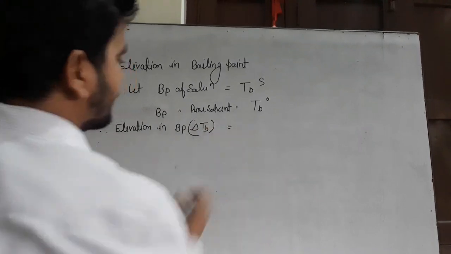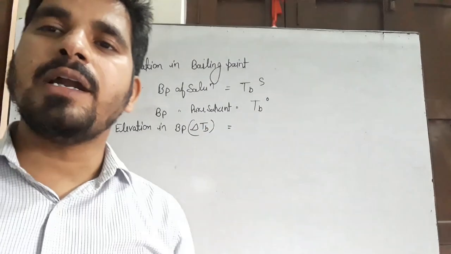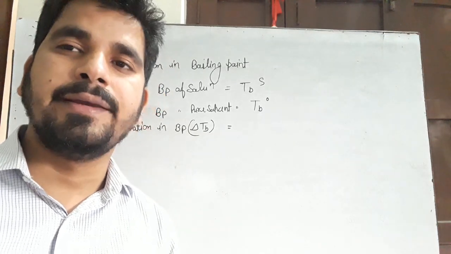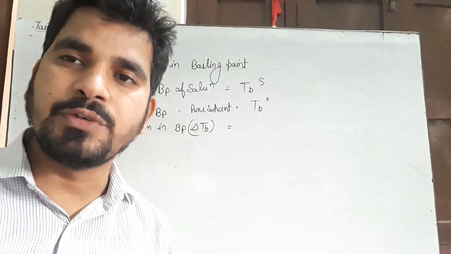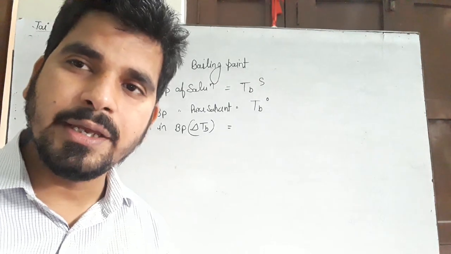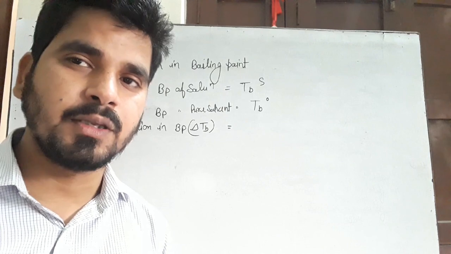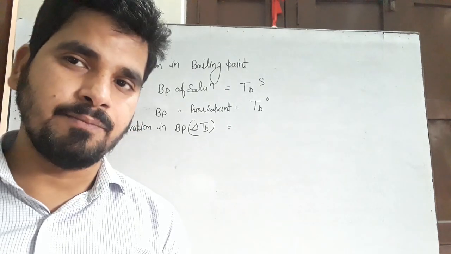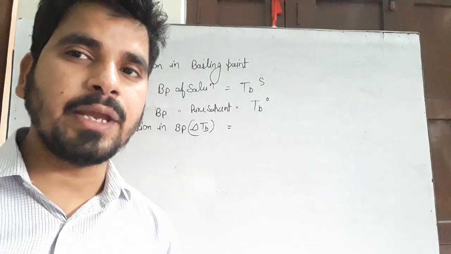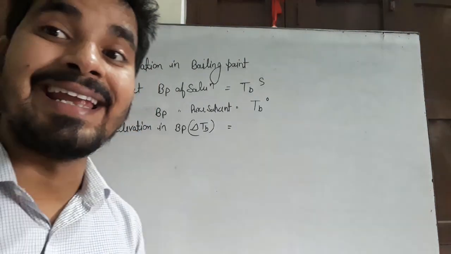What will it be? Delta TB is the difference: how much higher the boiling point of the solution is than that of the solvent. To get the difference of anything we always do maximum minus minimum, to see how much the boiling point increased.